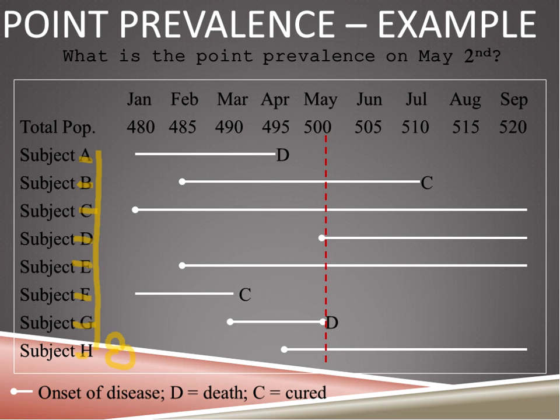See if you can figure out what the point prevalence is. If you died, you are not part of the data set. Your point prevalence is 5.